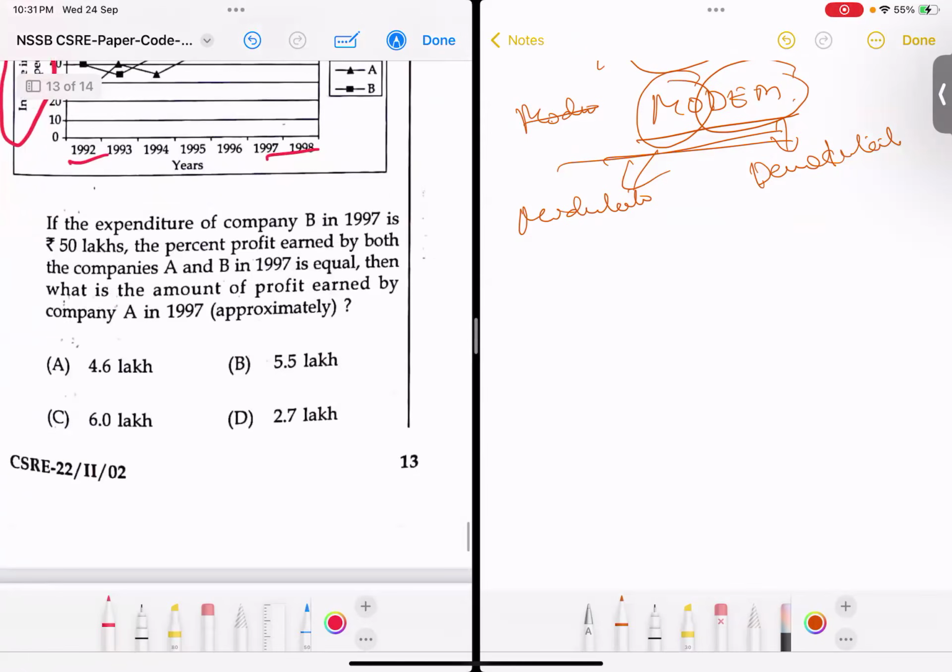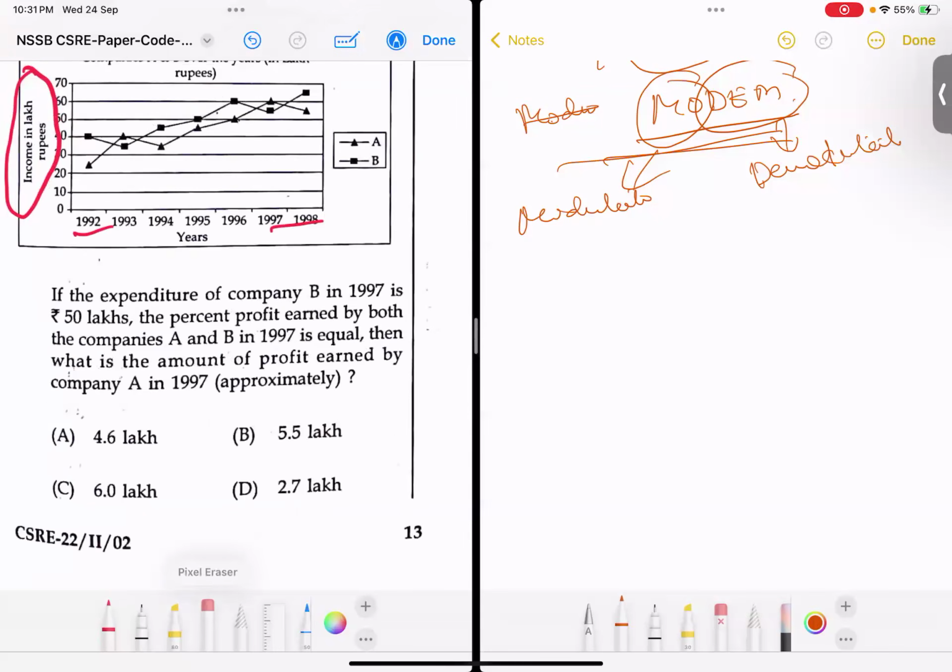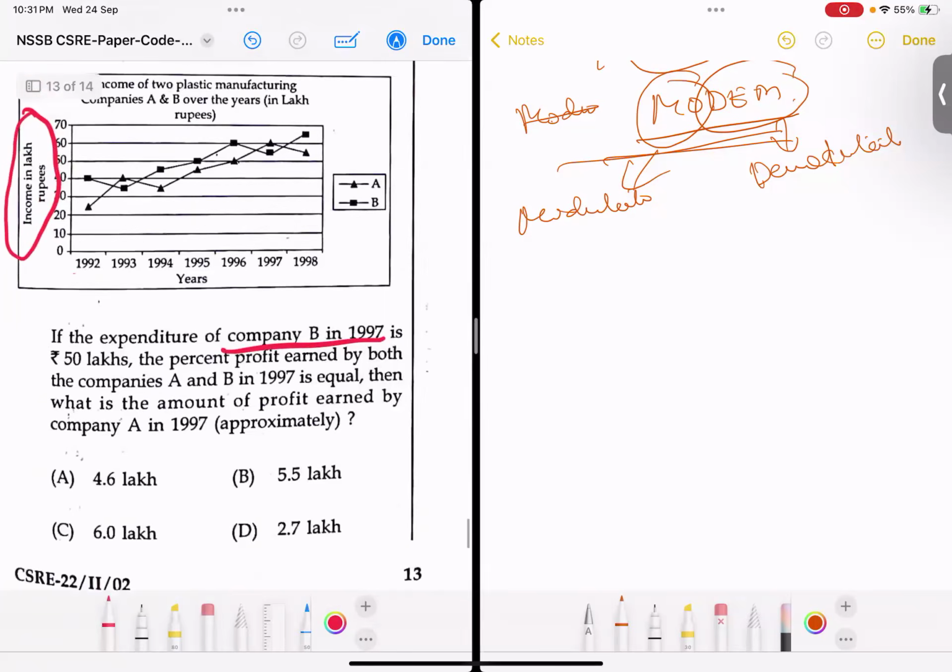Now it says here, if the expenditure of company B in 1997 is 50 lakhs. So what is the income of company B in 1997? It lies between 50 and 60, so it is 55.